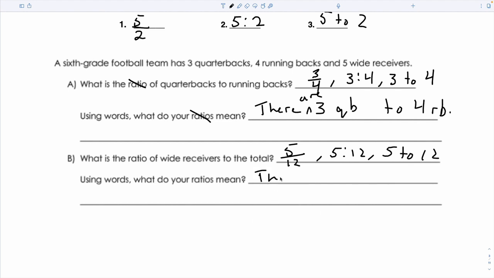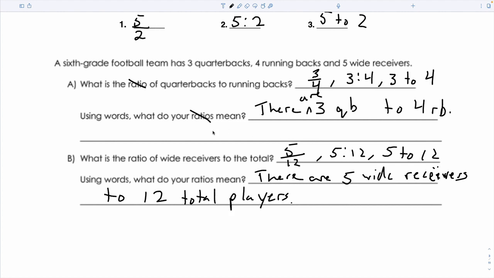There are 5 wide receivers to 12 total players. The total is combined of all of them.